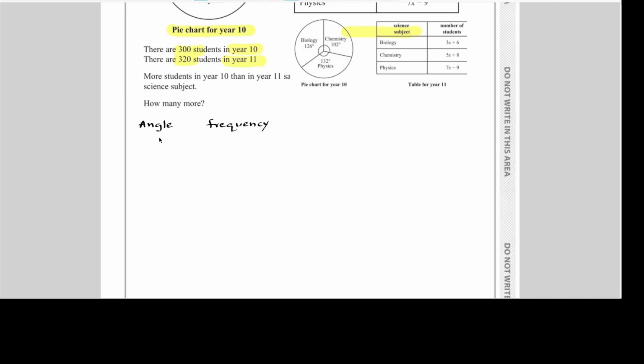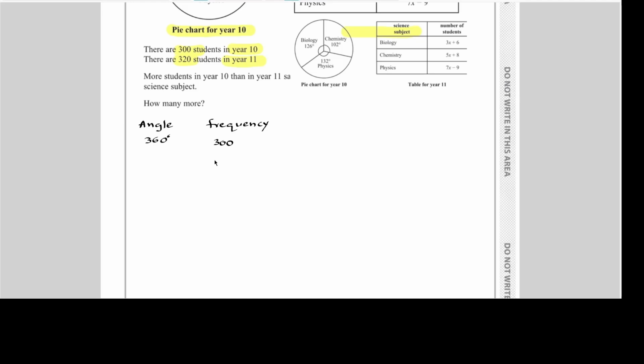So, the total angle, which is 360 degrees, is represented by the total number of students in year 10, right? Because year 10, this is the pie chart. So, year 10, there are 300 students. And we need to get the number of students who said that biology was their favorite.